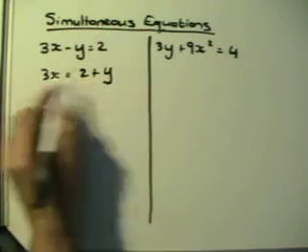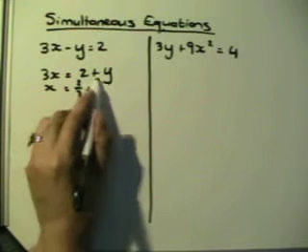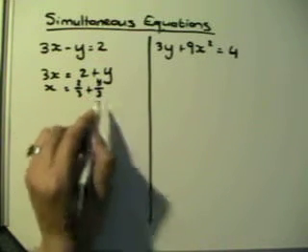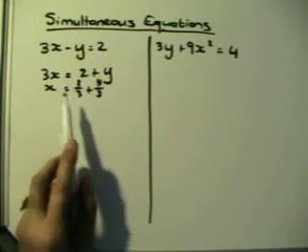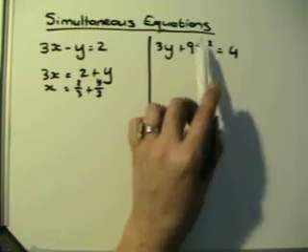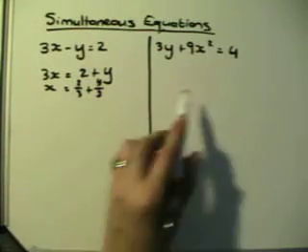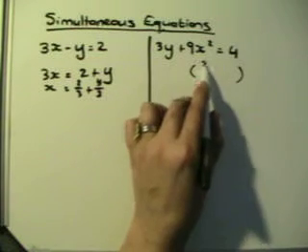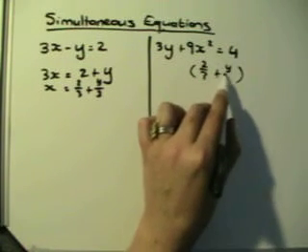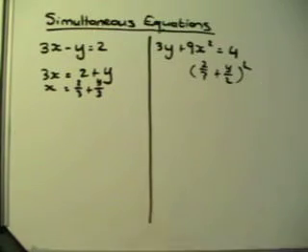If I divide by 3 throughout, then I have 2 over 3 plus y over 3, or a third y, which is fine, and you can work with that and substitute it for x. But can you see this is now an x squared, and if I substitute a lot of fractions, then I have this bracket 2 over 3 plus y over 3 squared in an equation that I must go and multiply out.